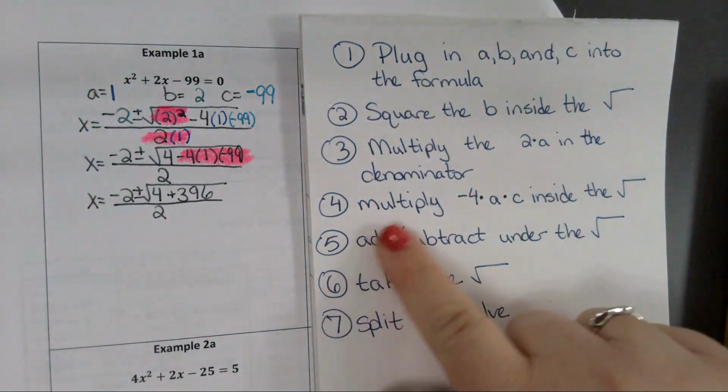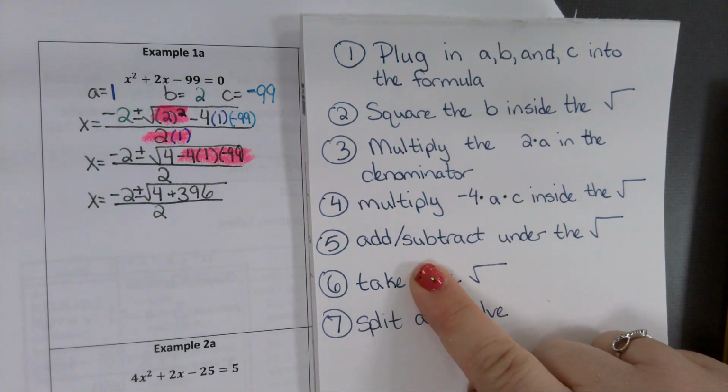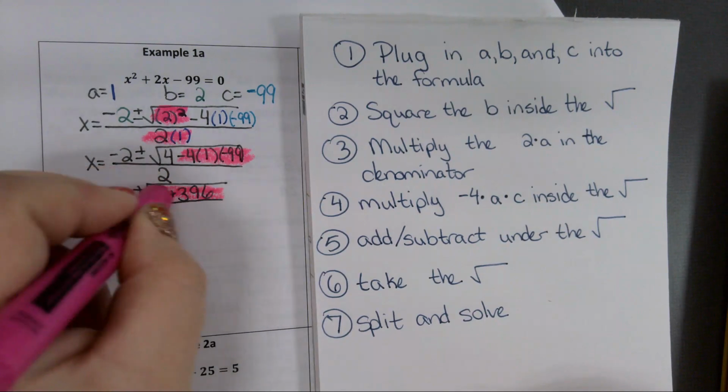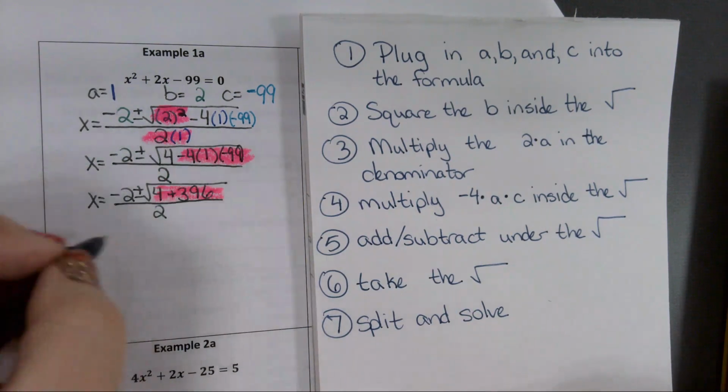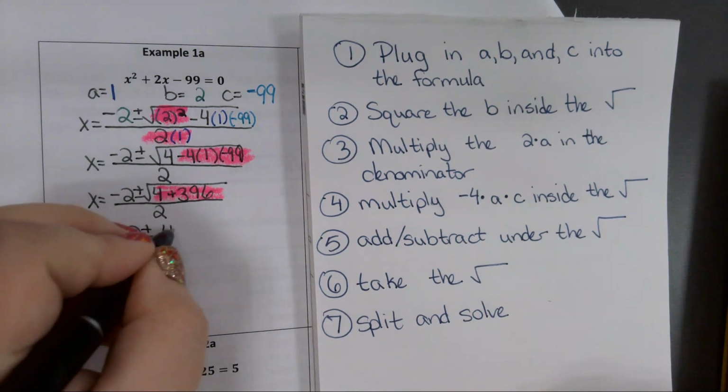After we've done our multiplying, it's time for us to add or subtract whatever's underneath the radical. So the 4 plus 396 is next, giving us 400.